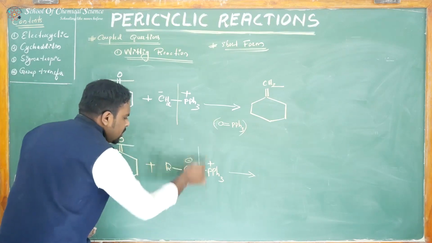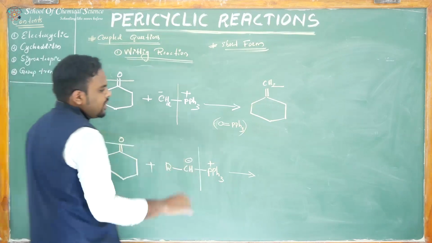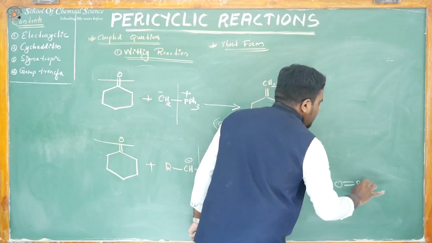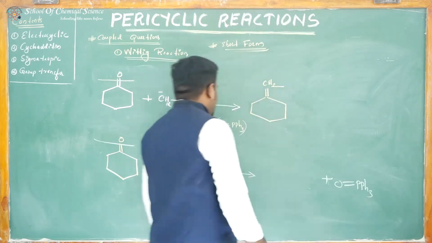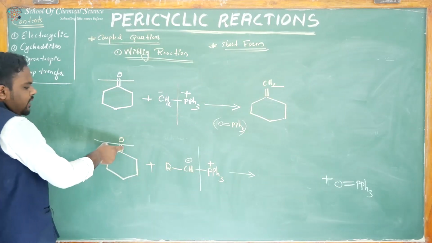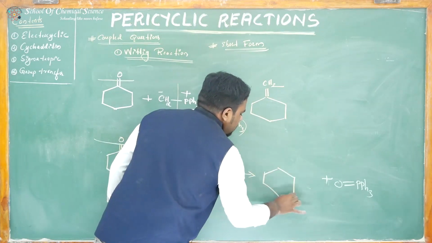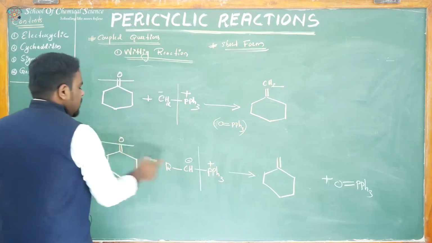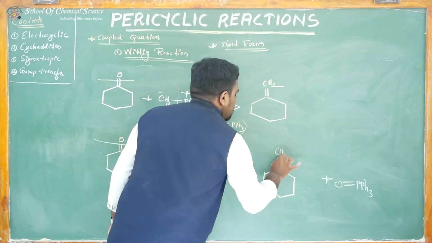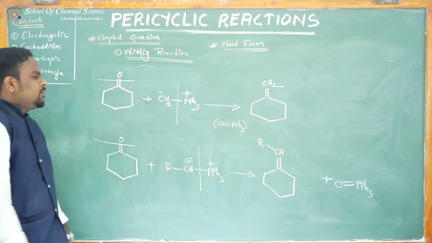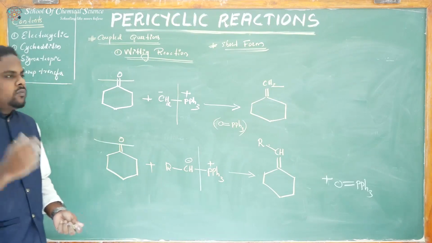The double bond O and PPh3 are eliminated as Ph3P=O. Then what is the product? Paste the remaining part here. In the ring, a double bond is there, so CH, that is the product. So you can easily write the product of a Wittig reaction.